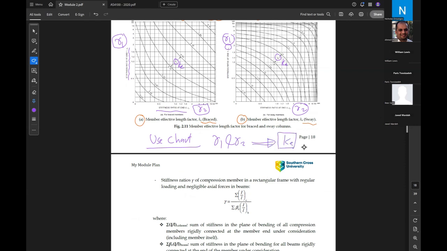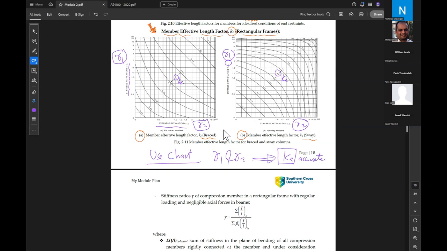This Ke will be a more accurate value for the buckling length. So how do we find gamma 1 and gamma 2? Gamma 1 and gamma 2 are the stiffness ratios at the top and bottom end of the column.